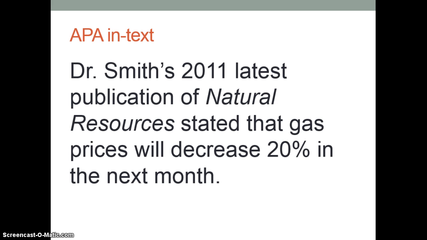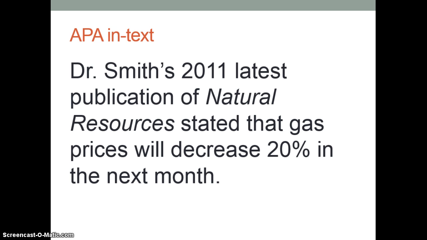For the very last example, you can see that all pieces of information, the name of the author and the year of the publication, is incorporated within the sentence, but also, and this is something that you can consider doing, the name of the publication is also emphasized within the sentence.